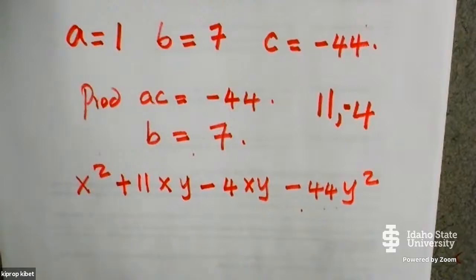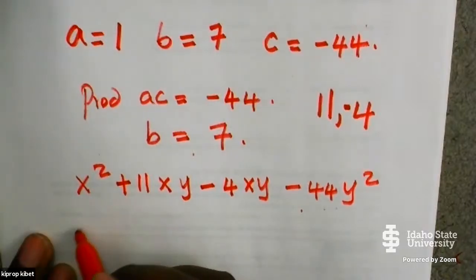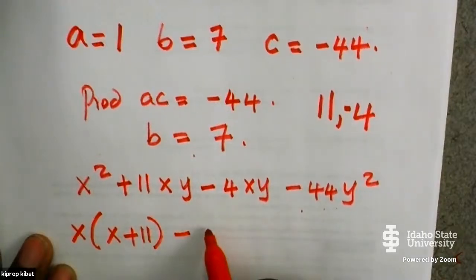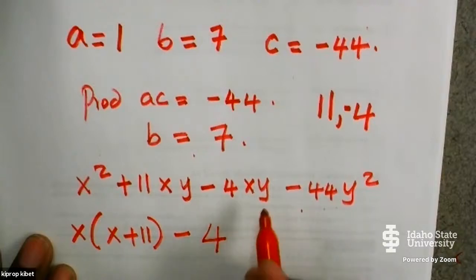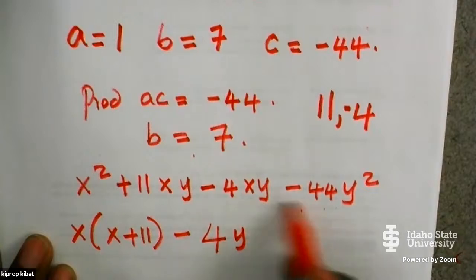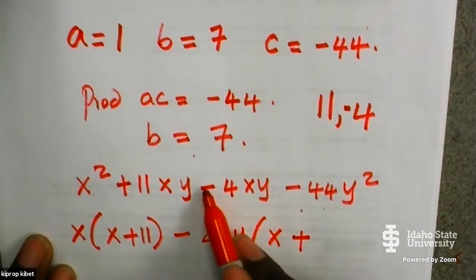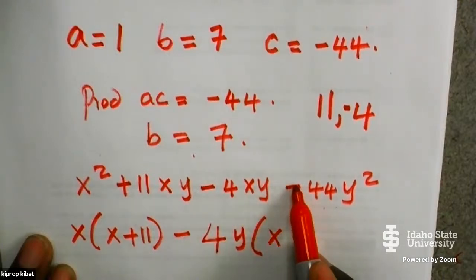And then you factor out the greatest common factor there, which for the first group is x. So x times x plus 11 minus 4, x or y? 4y, right? Yes. So when you factor out 4y there, it will be x plus 11y. So this is minus and this one is minus.